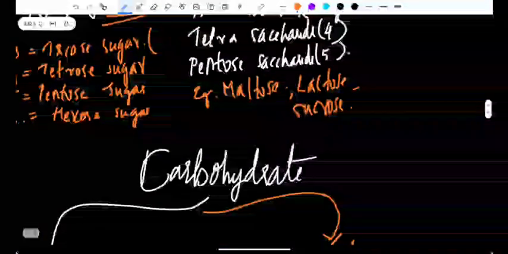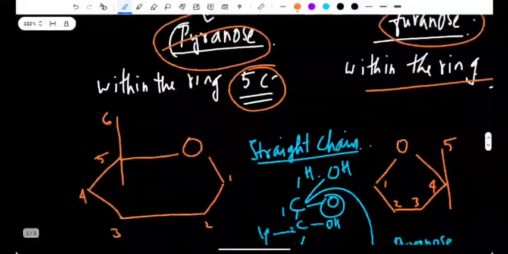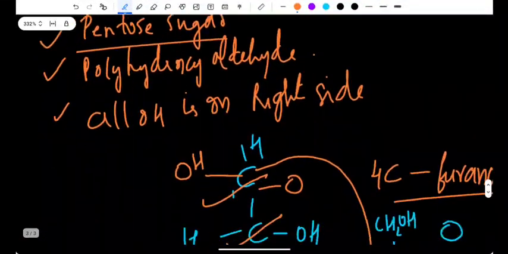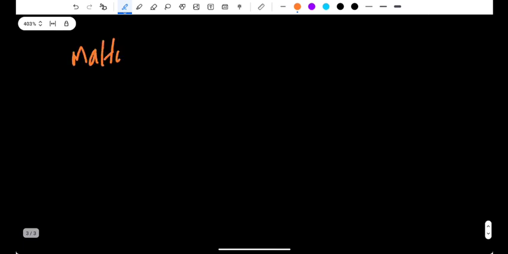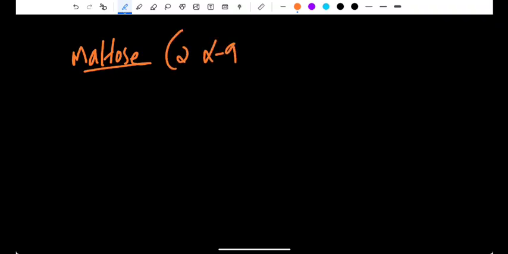These are examples of oligosaccharides. In maltose, 2 alpha glucose are joined together.